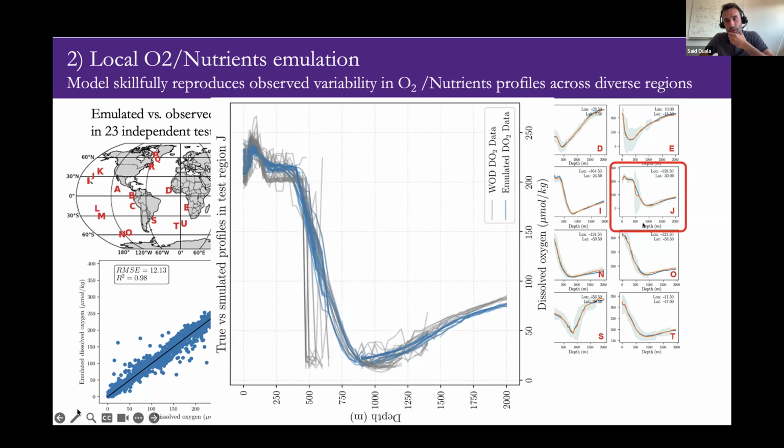And one thing that came up, actually after review, is that this neural network model was quite robust to the presence of outliers in the actual observations. For example, in this test region, there were some outliers in the dissolved oxygen observations that somehow went through the quality control procedure.